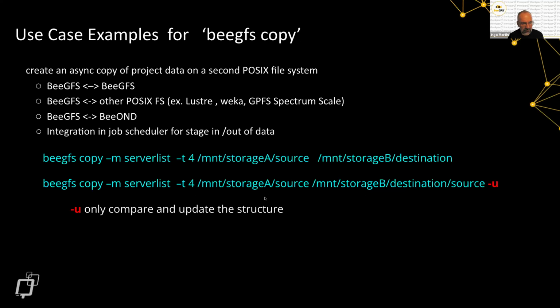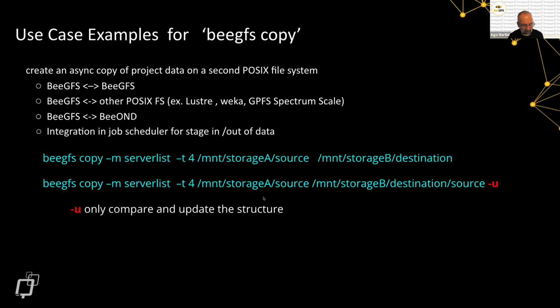What would be the use case for BeeGFS Copy, or where do we see the benefit? First, it's a BeeGFS to BeeGFS asynchronous copy of project data between a Scratch file system and a central repository, for example, where you want to load data into your Scratch file system, do your calculation, and then offload the results back to a central repository.